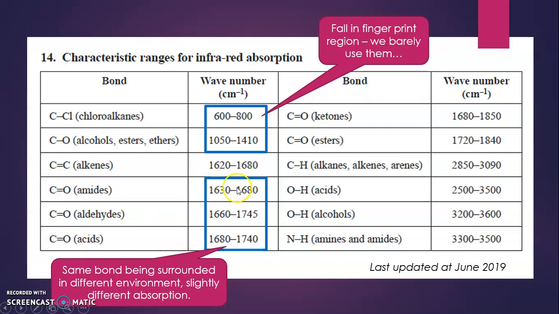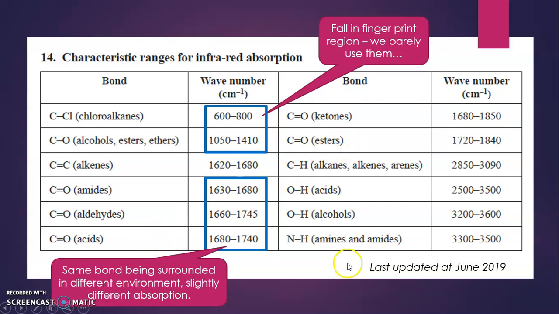All of them fall in around 1600 to 1700 or even 1800. We use that particular region to tell us it could be a carbonyl group there. And then most often we need to use other information to help us determine if it's a carbonyl group that's an aldehyde or one that's actually an ester. So we don't really use these particular numbers until the very last few steps, helping us to confirm if it's an ester or if it's an acid.